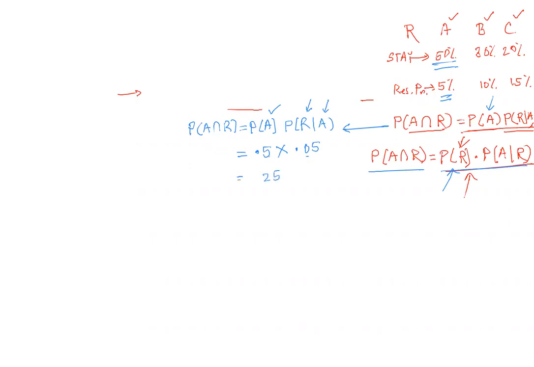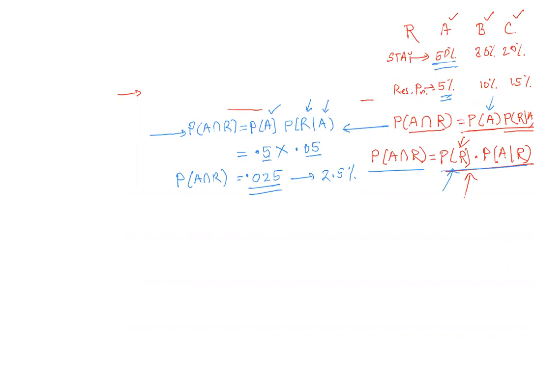You have 2 digits after the decimal here, 1 digit after the decimal, so you have to move it 3 digits. So you put a 0. So the probability of staying at hotel A and having a reservation problem is 0.025, which is, by the way, a 2.5% chance.